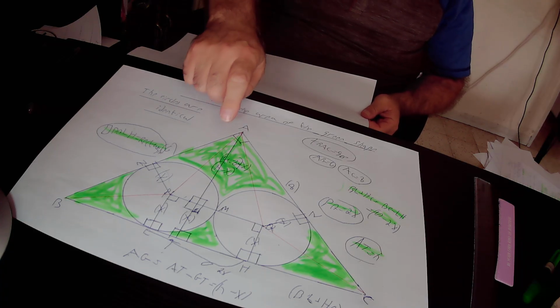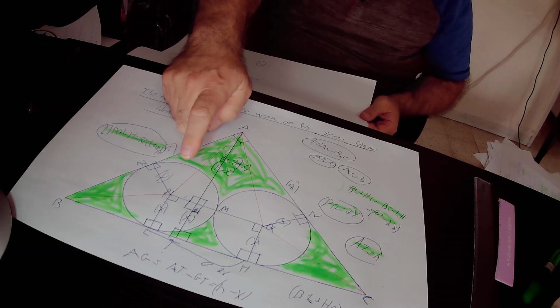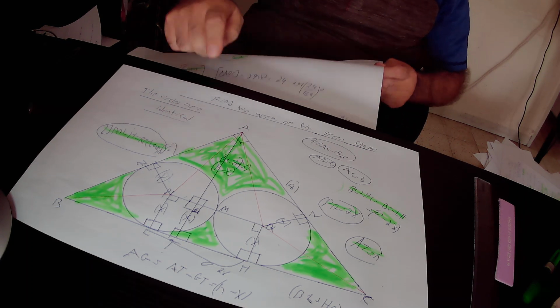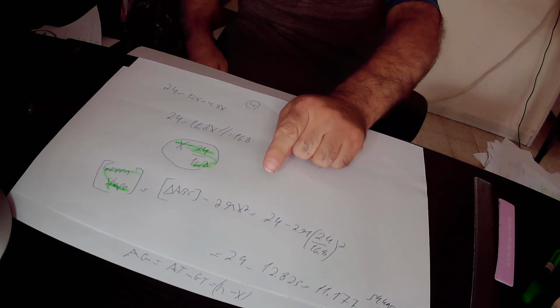It is the area of one circle times 2. The area of one circle is pi x squared. Therefore, the area of the two circles is 2 pi x squared.